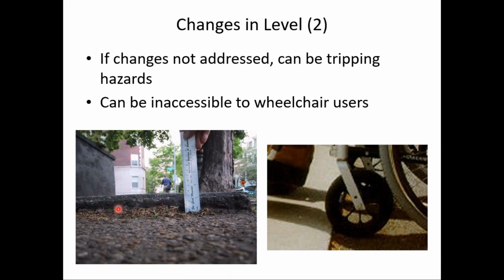It's potentially an ADA lawsuit because it's an inaccessible sidewalk due to that change in level, but it's also a tripping hazard. And if an able-bodied pedestrian trips and falls and is injured, they may file a tort claim against the agency. So that's why I call these locations potential double whammies.